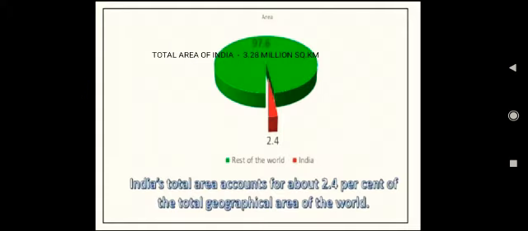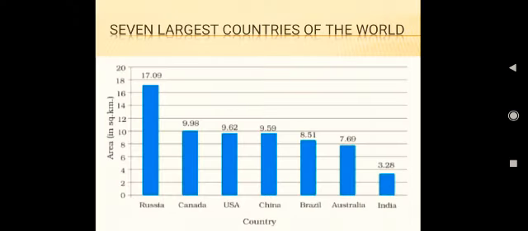Now children, look at the size of India. India's total area is 3.28 million square kilometers, which accounts for about 2.4% of the total geographical area of the world. Children, do you know India is the 7th largest country of the world?